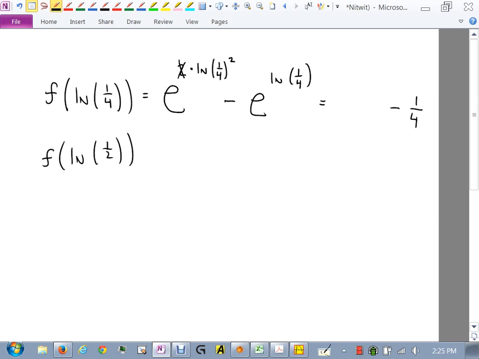In front of a log? Numbers in front of logs can go up as powers. Powers can come out of logs. So what does the e to the natural log do here? Cancels out. What's 1/4 squared? 1/16. What's 1/16 minus 1/4? Negative 3/16.